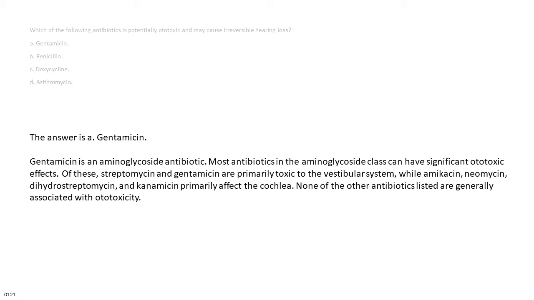Gentamicin is an aminoglycoside antibiotic. Most antibiotics in the aminoglycoside class can have significant ototoxic effects. Of these, streptomycin and gentamicin are primarily toxic to the vestibular system, while amikacin, neomycin, dihydrostreptomycin, and kanamycin primarily affect the cochlea. None of the other antibiotics listed are generally associated with ototoxicity.